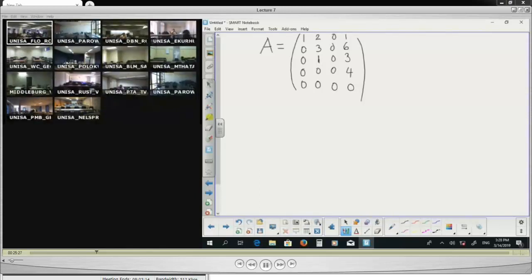No, because this is the leading entry. Over here, it is not. So, if we actually replace R2 by 1/3 of it, then we come to something like this.